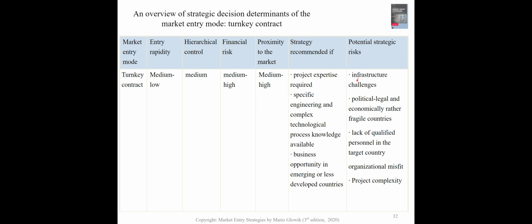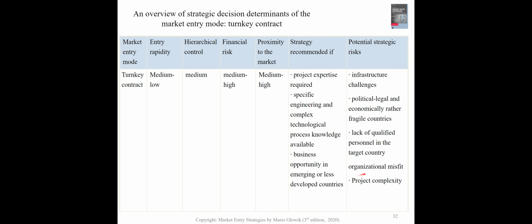Potential risks come along with infrastructure challenges related to the foreign target market, the political, legal, and economic framework, and we may also be confronted with a lack of qualified personnel in the target country.